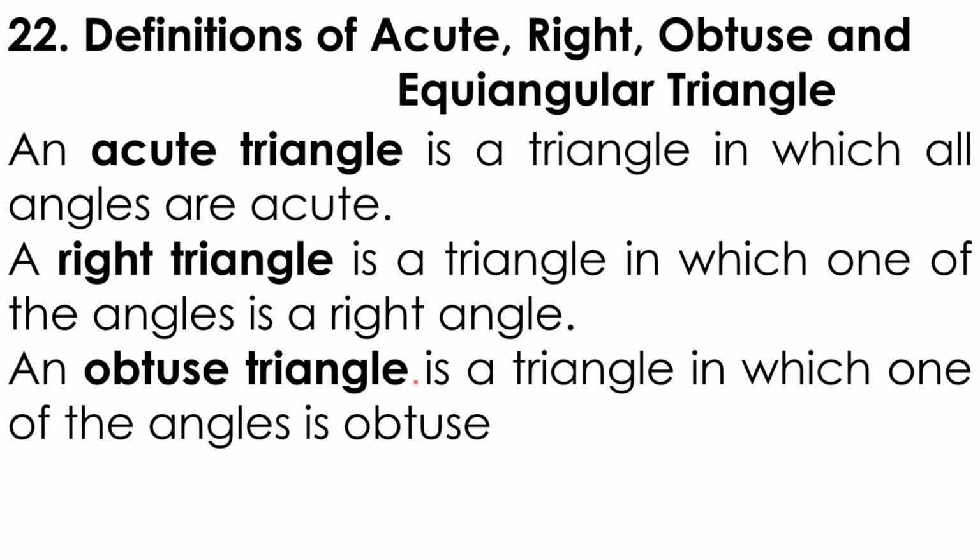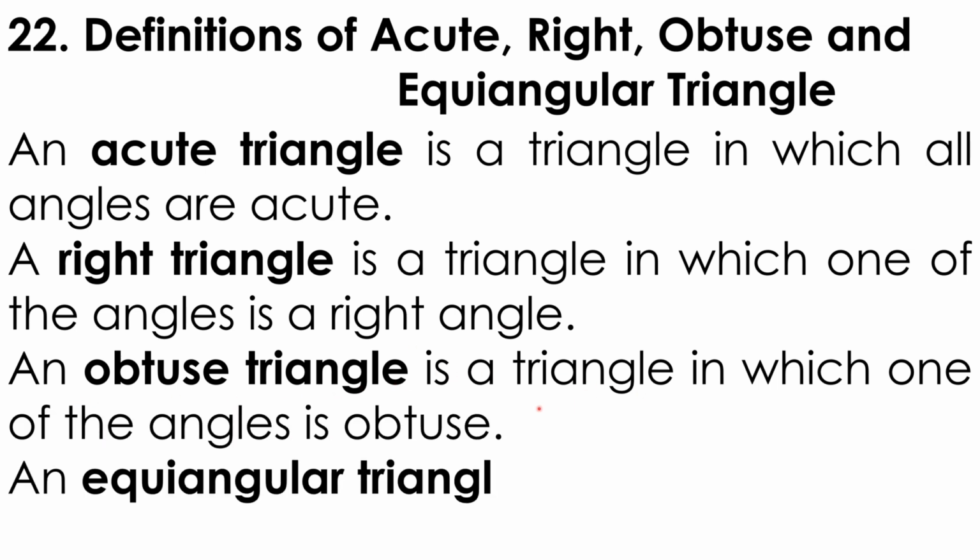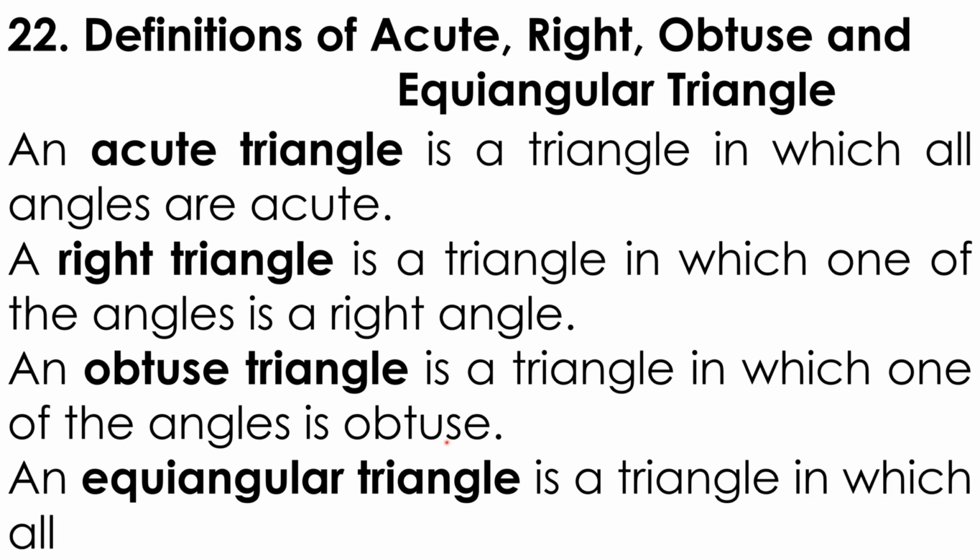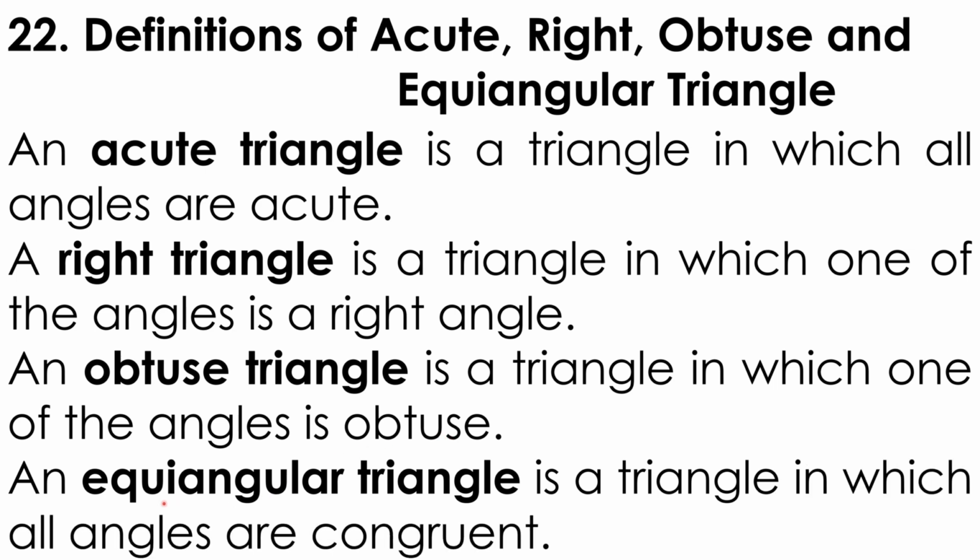An obtuse triangle is a triangle in which one of the angles is obtuse. And an equiangular triangle is a triangle in which all angles are congruent. These were discussed in the previous definition, that acute, right, and obtuse have different measurements, also equiangular.